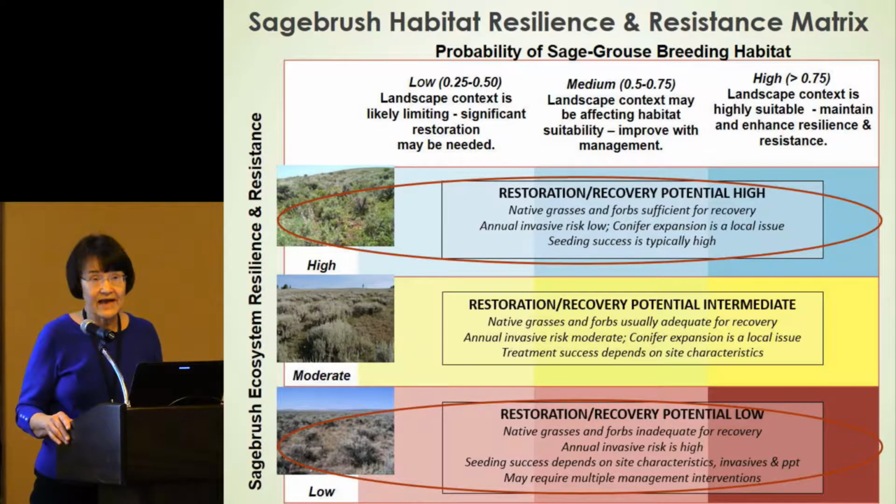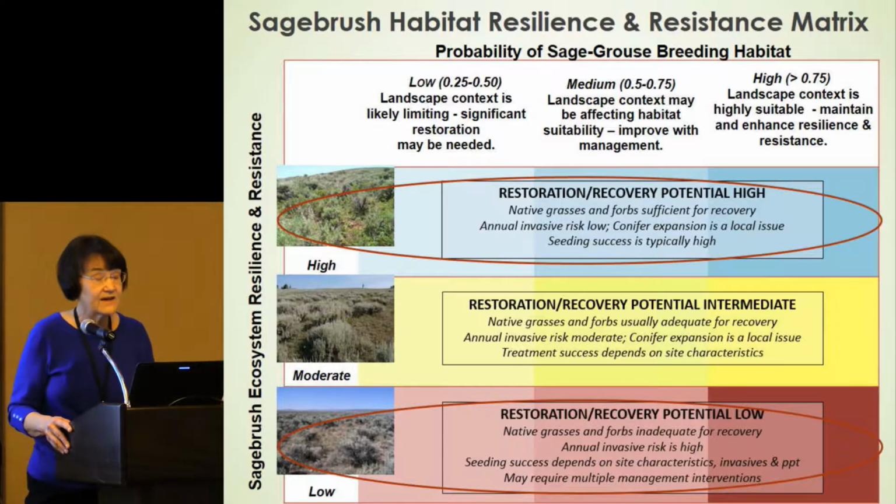If we contrast that with those low resilience and resistance areas, our warm and dry Wyoming big sagebrush systems, we see that the restoration recovery potential is typically low. Native grasses and forbs are often inadequate for recovery. The risk of invasive annuals is high, and seeding success or restoration success in these areas is going to be highly dependent on site characteristics, the percentage of invasives in the community, as well as the effective precipitation.